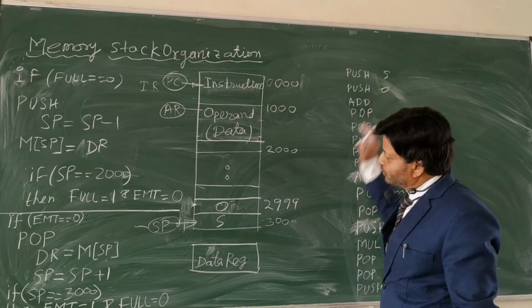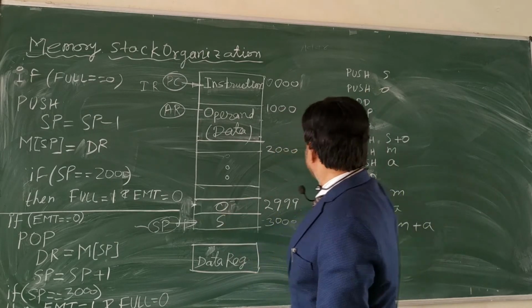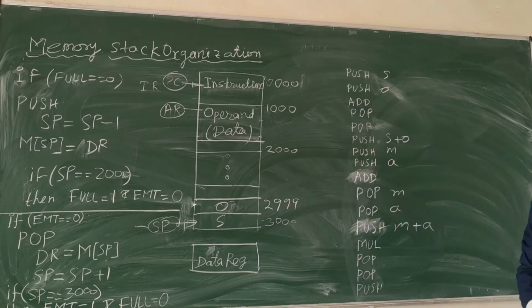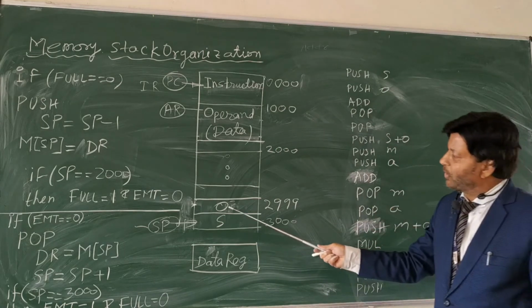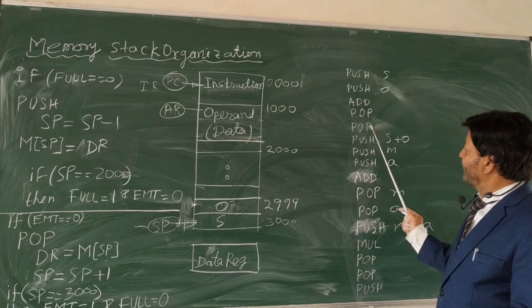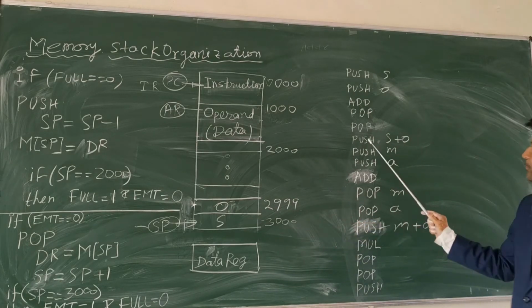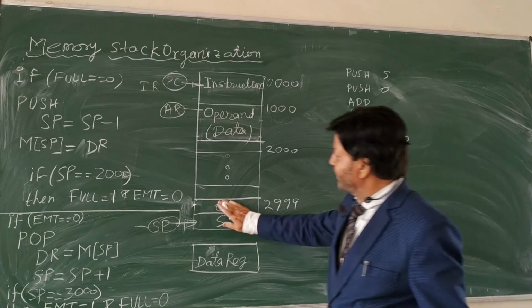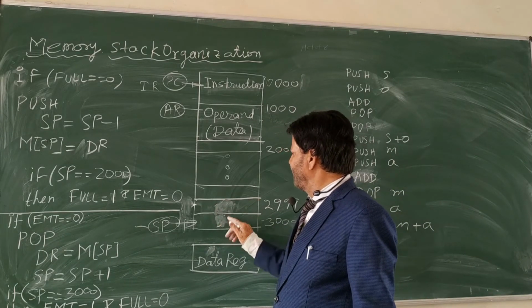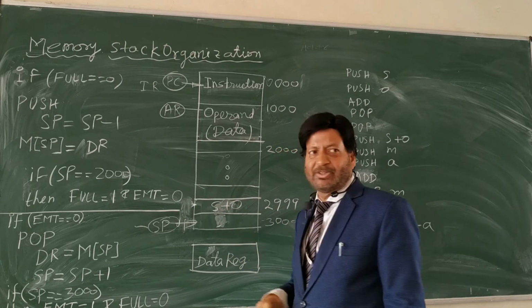These are the push operations. Then the add opcode will come. What will we do? We will pop these two things. We will pop O, we will pop S, and we will add them, and we will push S plus O again. So this will be popped and added, and S plus O will be pushed into this stack.